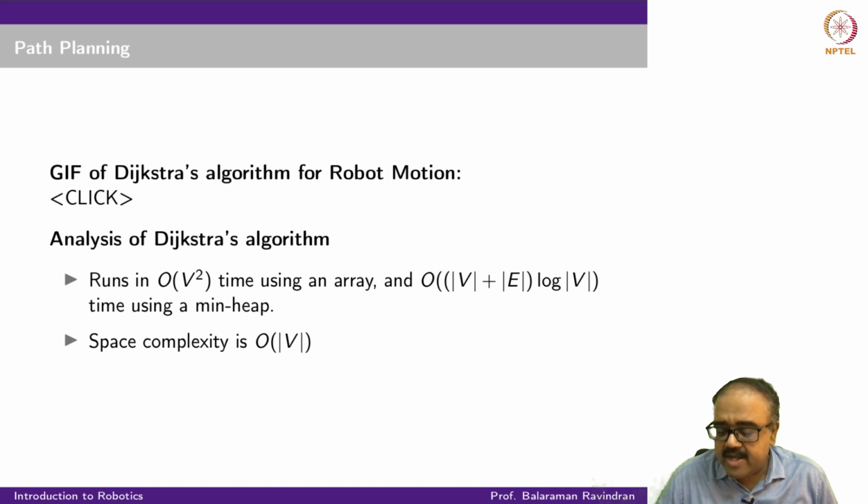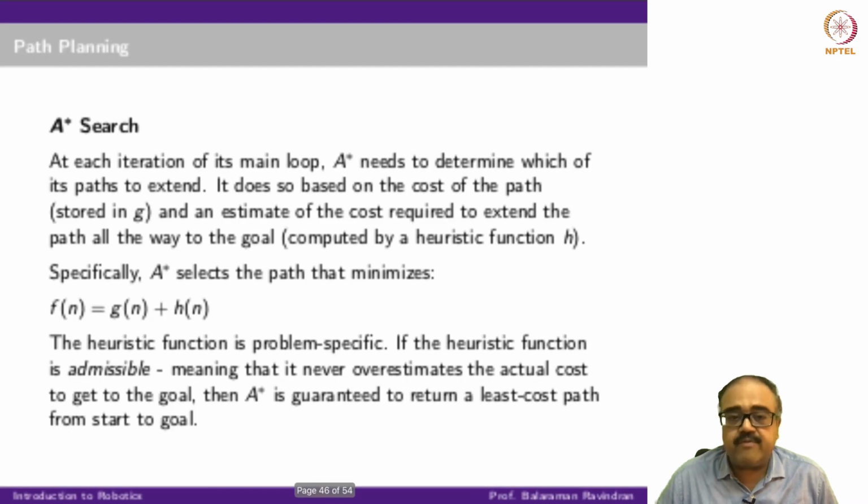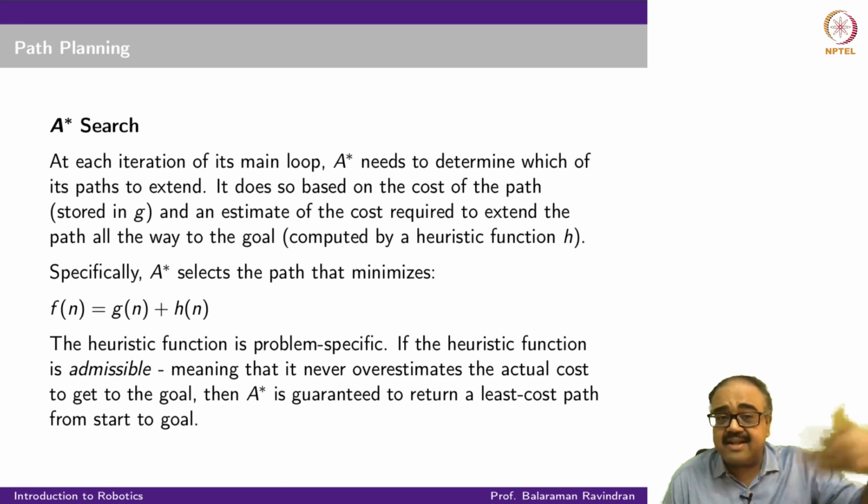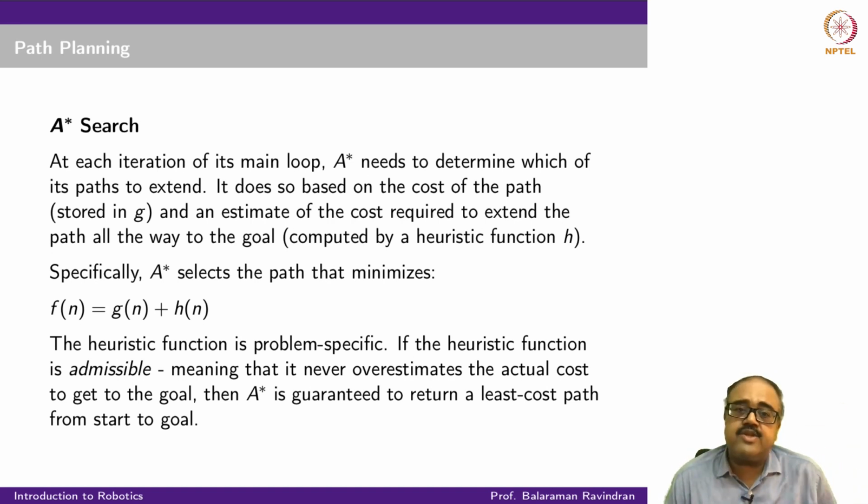So the idea of being able to use this kind of rough estimates, guesses as to how far more I have to go, or what are sometimes called heuristics, right, is what we use in the next algorithm we look at, which is called A star search, right. So not only does it look at the cost of the path so far, which we'll store in a variable called g, but it also uses what is called a heuristic to estimate the rest of the cost needed to reach your goal, right.